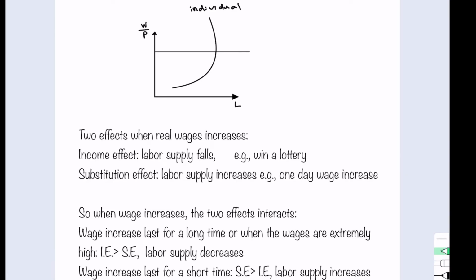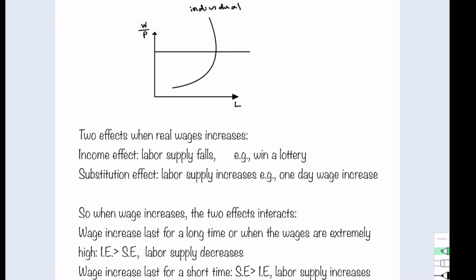That is, when the wages are low and the wages increase, an individual will tend to increase the number of hours they work. On the other hand, if their wage level has already been high, then the individual will tend to work less.